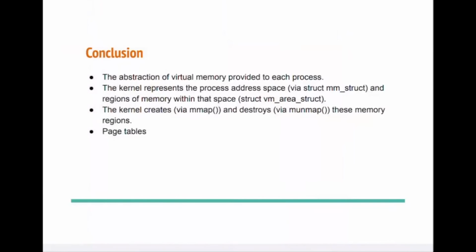So this is the end of this lecture. In this lecture, we have seen how we represent the address space of a particular process with the help of a struct structure. Within that address space, we have seen it contains different sections like text, data, stack, and heap, which we represent based on the VM area structure.